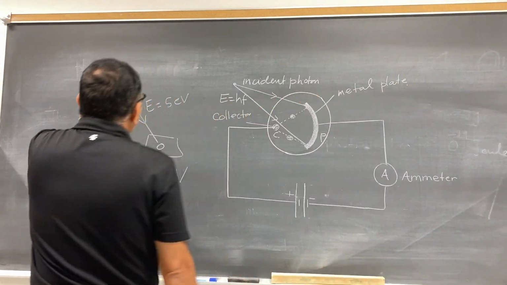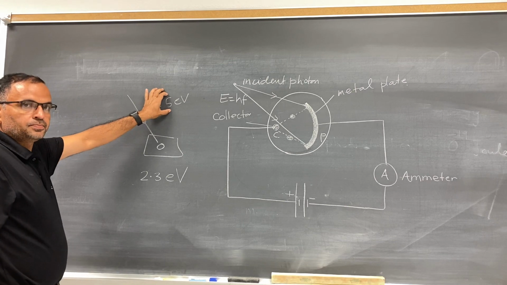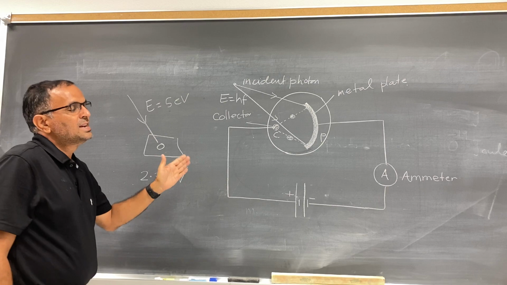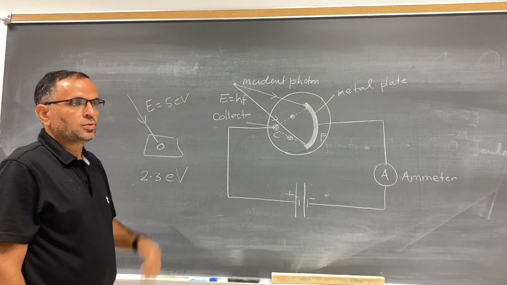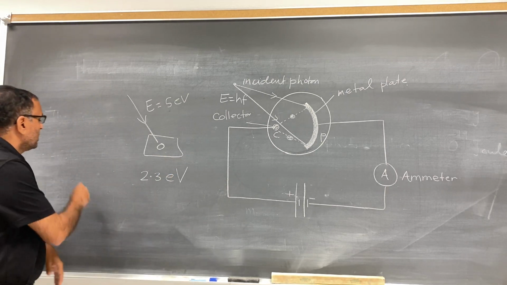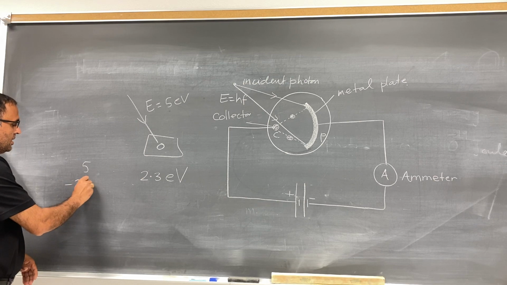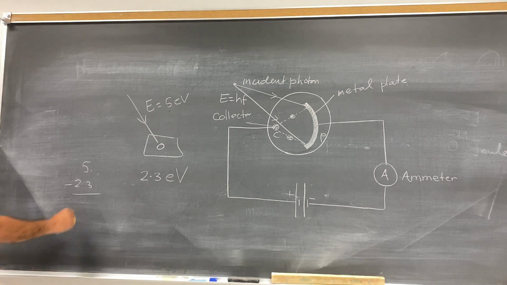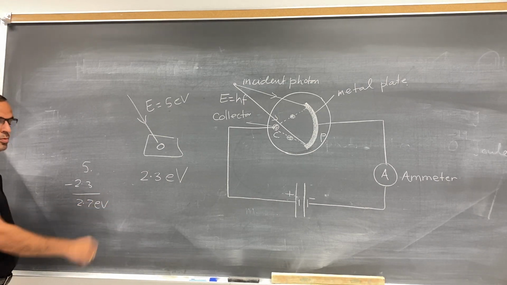So what happened? Of this 5 electron volt energy, 2.3 electron volt is utilized just to detach, to knock out the electron from the metal surface. So how much is left? 5 minus 2.3, how much? 2.7 electron volt.